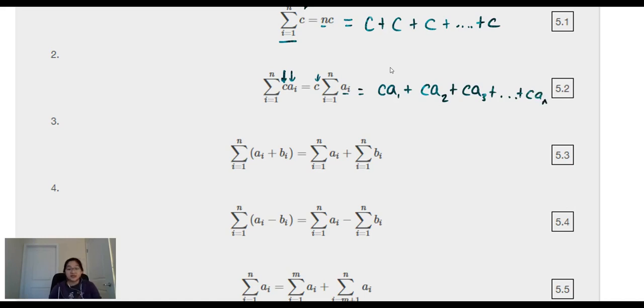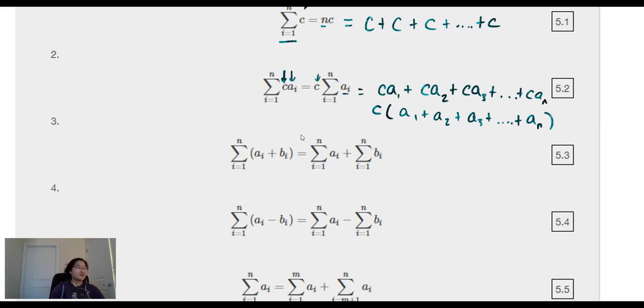And so because of factoring, we can factor out c and then just have a1 plus a2 plus a3 plus dot dot dot plus an. And that's lovely, because that's just our constant term, our scalar multiple, times the sum that we have right there. So when we have a constant times our ith term, then we can just factor it out. Addition works the way that we think it works.